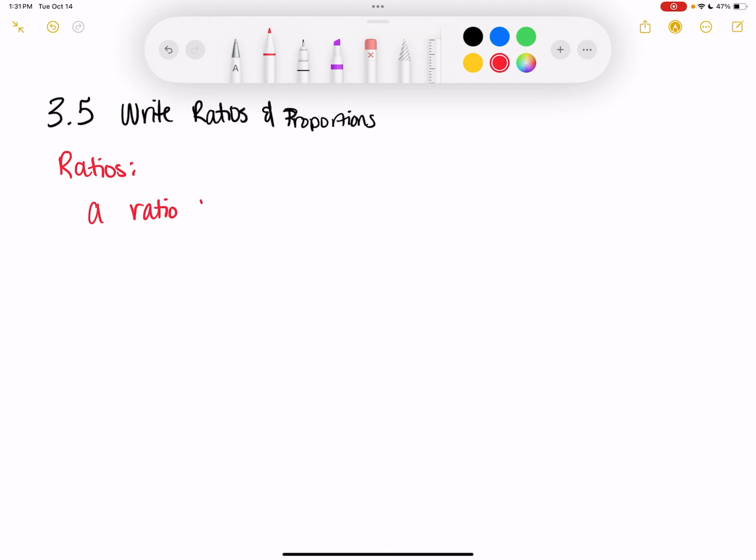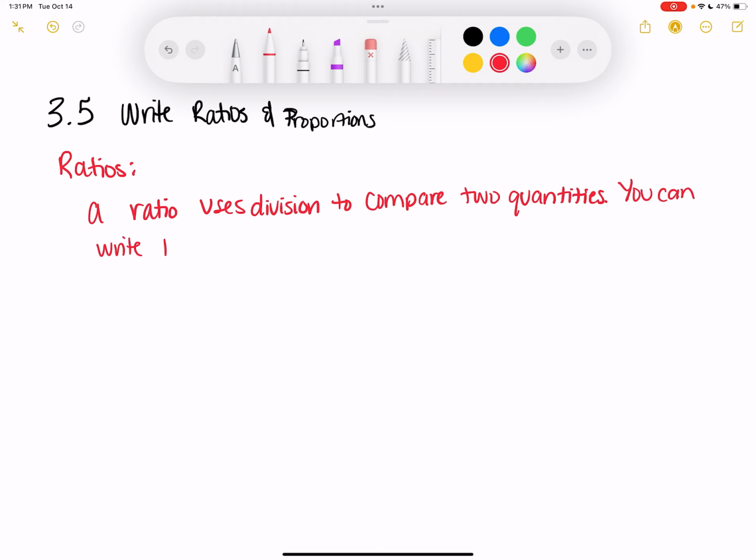A ratio uses division to compare two quantities. You can write the ratio of two quantities A and B, where B is not equal to 0, in three ways.